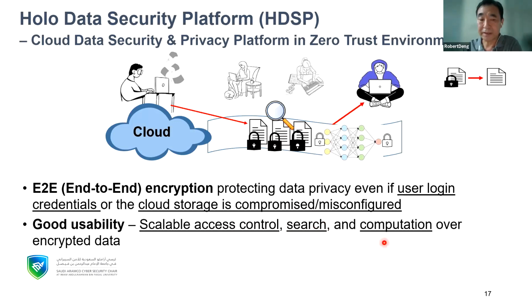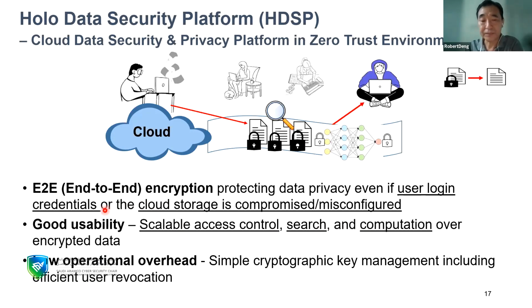And ultimately, we want to use the data to perform secure or privacy-preserving machine learning operations. That requires secure computation. Those are the usability features of the system.